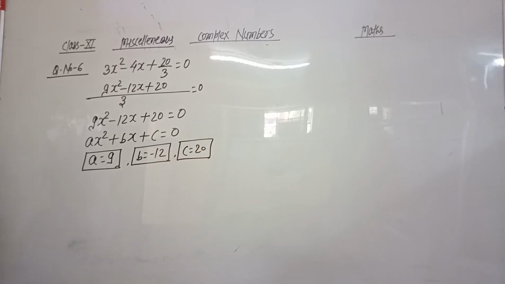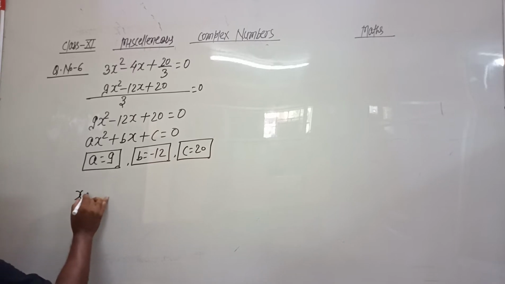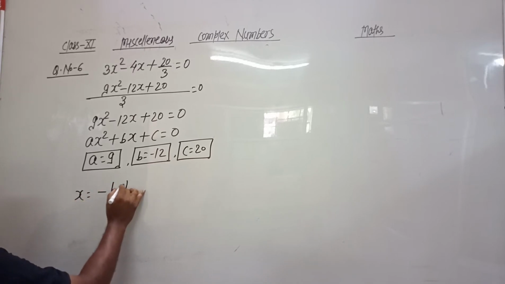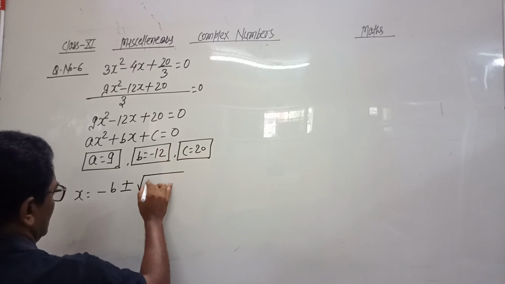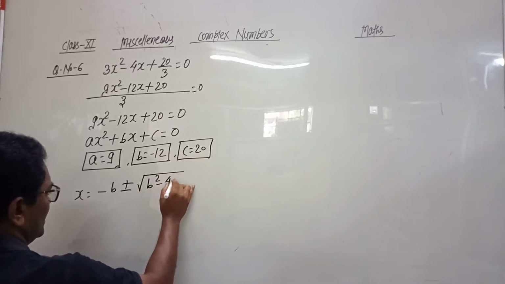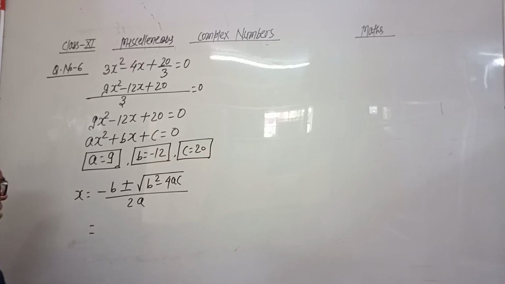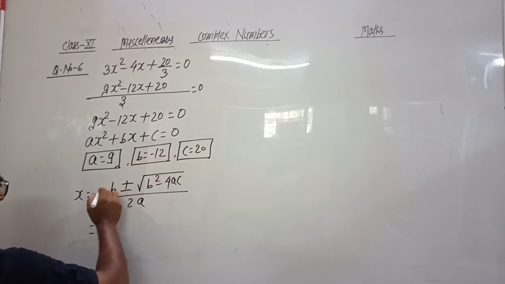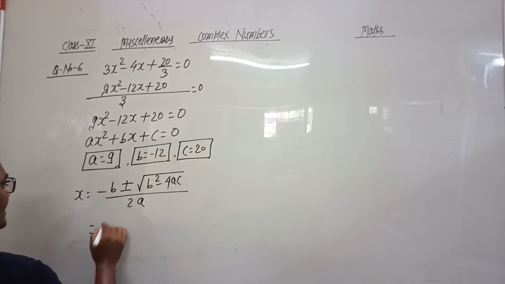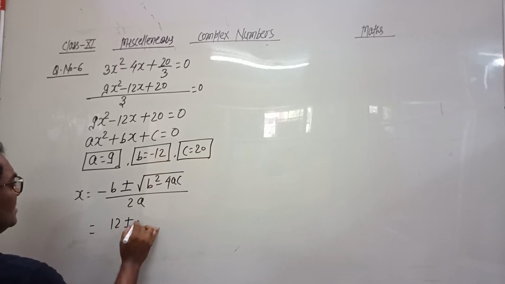Then we write the quadratic formula: x equals minus b plus minus under root of b square minus 4ac upon 2a. Minus b: already there is a minus, so minus minus becomes plus.